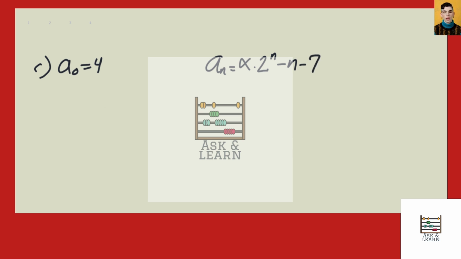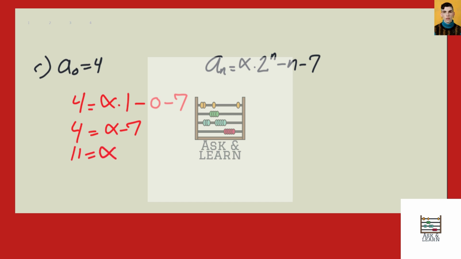If we put a 0 in for the n's here, we get that 4 is equal to alpha times 2 to the power of 0, which is just 1, minus 0 minus 7. So we get that 4 is equal to alpha minus 7. That means 11 must be equal to alpha.